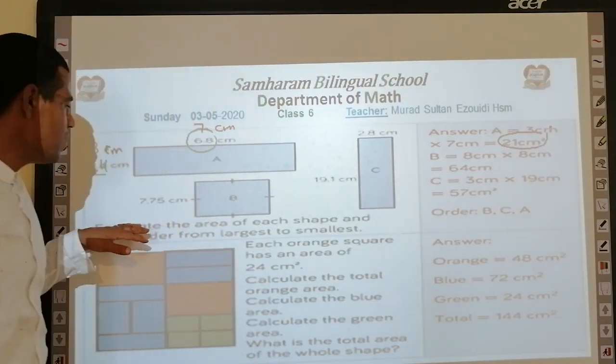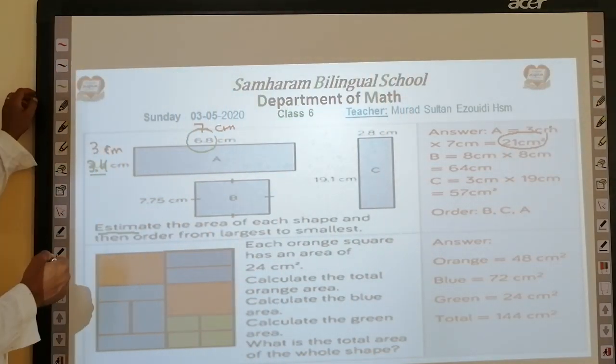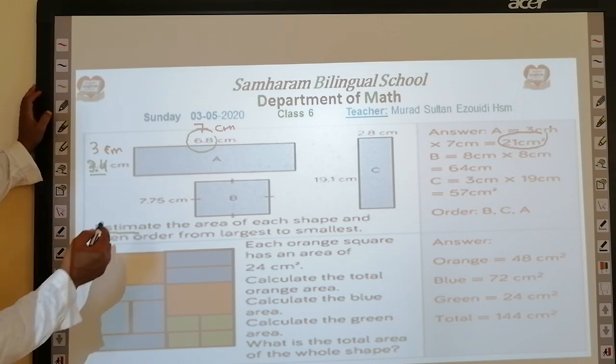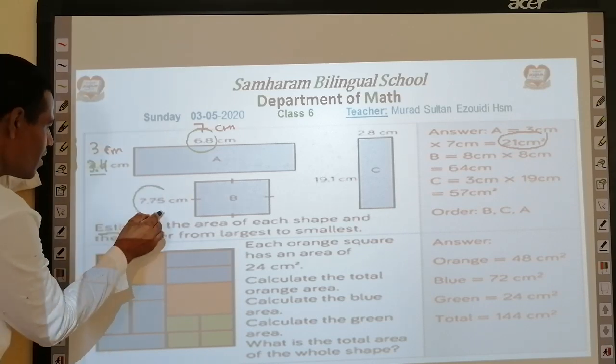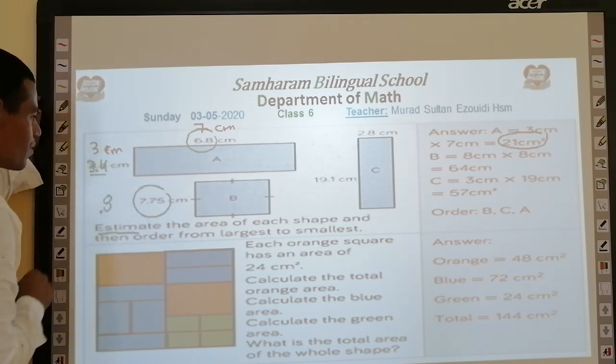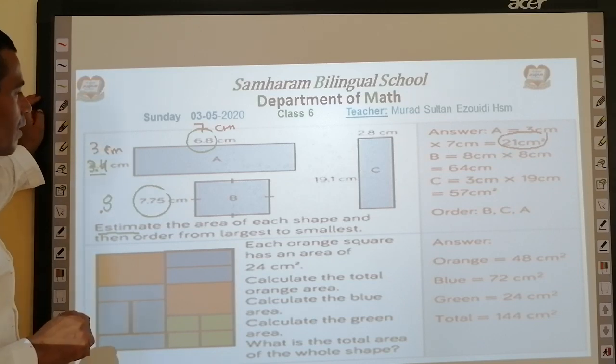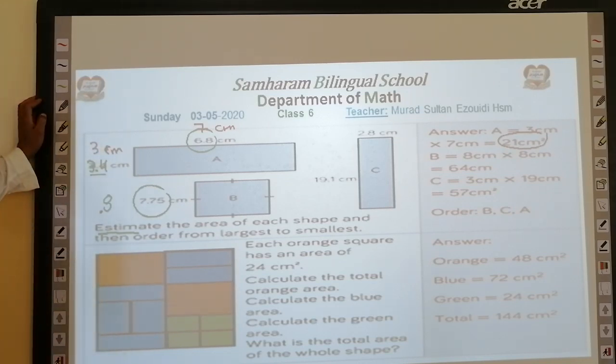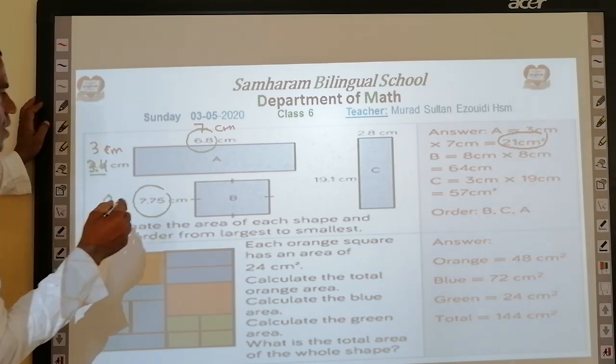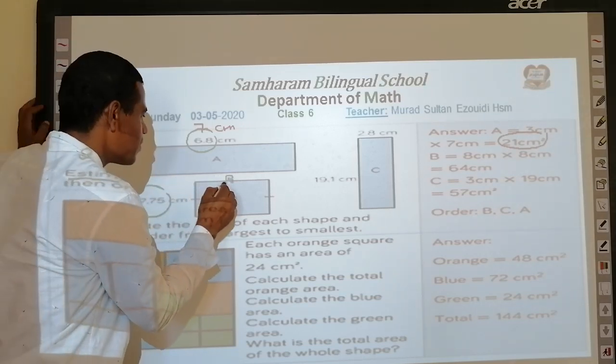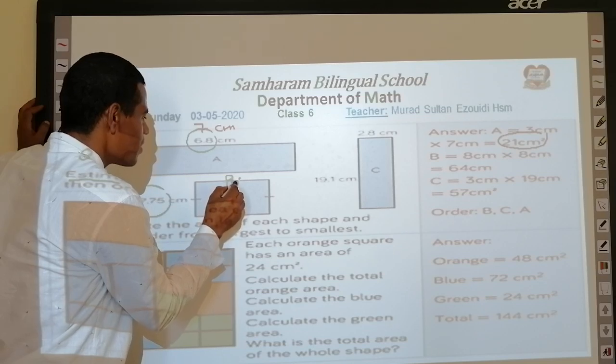Okay, for B, this is 7.75. I will just write it as 8. In order to estimate, I will write it as 8 centimeters. And this one also is going to be 8 centimeters.